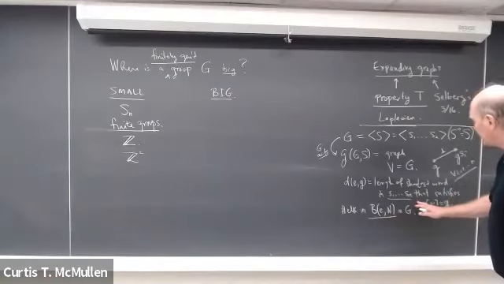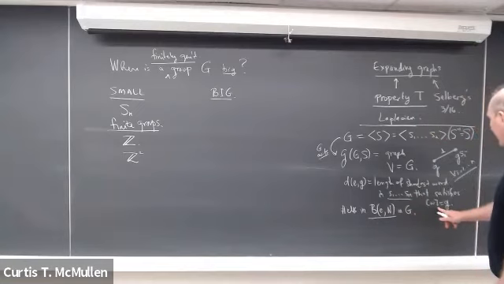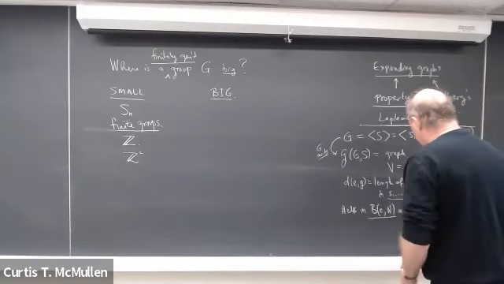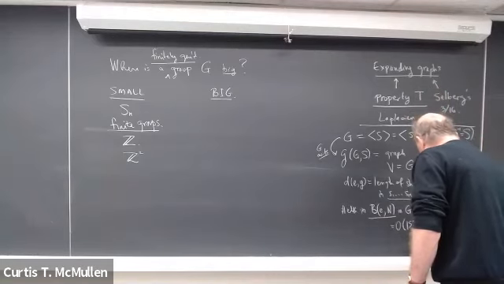It can't grow faster than exponentially, because the number of words of length n is bounded by the number of generators to the nth power. So this is big O of the number of generators to the n.